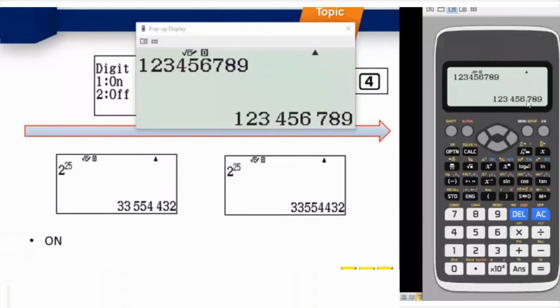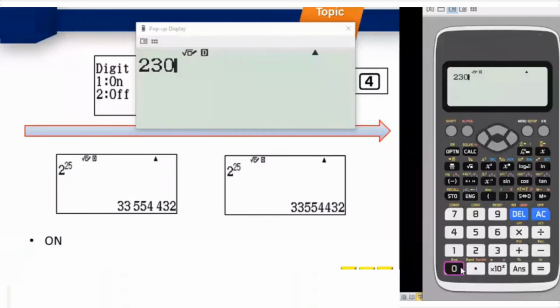Digit separators are very helpful when we are doing lengthy calculations in which millions and trillions of dollars or rupees are involved. In that case, it is always advisable to have digit separators, especially in case of zeros, so that we can separate zeros. For example, 23 trillion or billion or whatever.